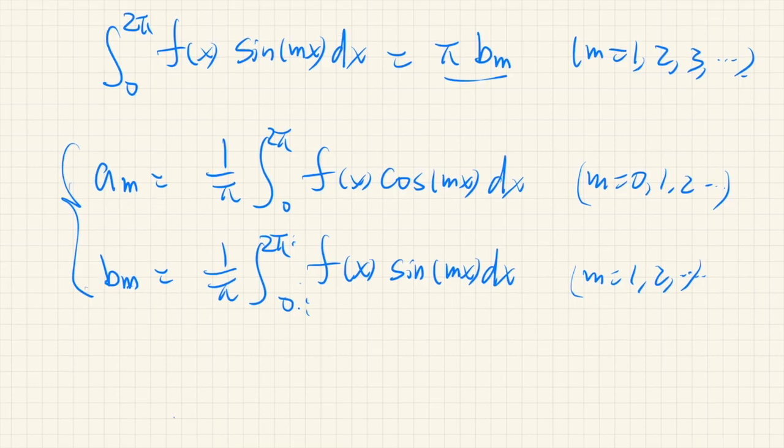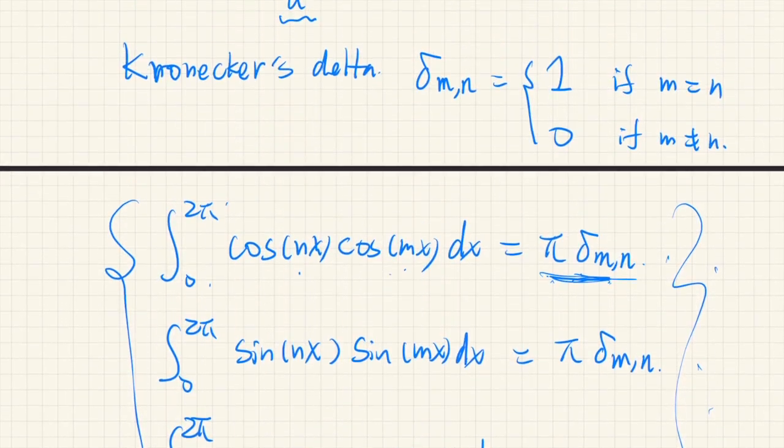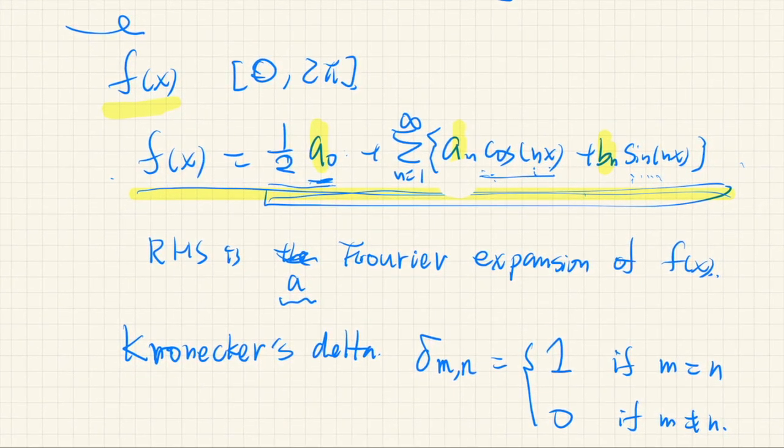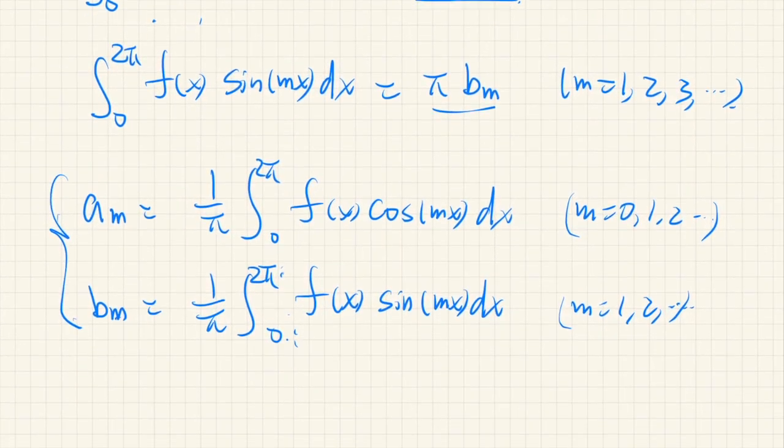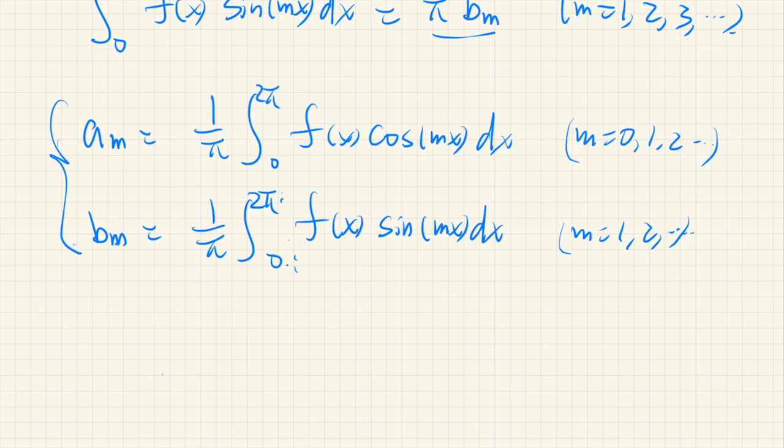So far we have assumed that the function f of x can be represented by a Fourier expansion. Now forget about this. Whether the function can be expressed as a Fourier series or not, we can just define these coefficients irrespective of the possibility of the representation of f of x as a Fourier expansion. We don't care for now.